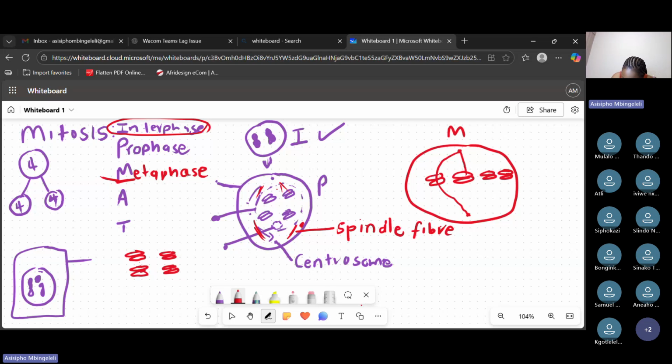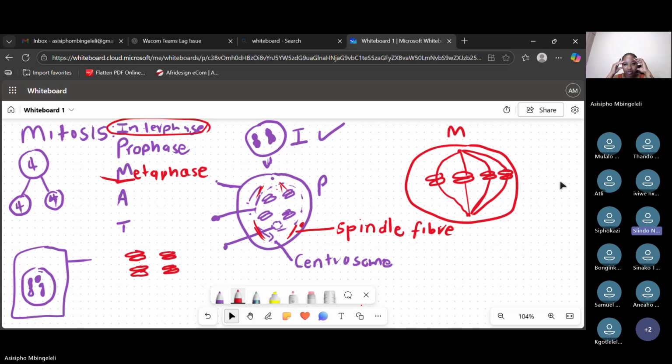So that's what you're going to have in mitosis. In metaphase, the chromosomes are in the middle of the equator, and we say they are there singly. Please make a note. They are there singly in the middle of the equator, not in pairs. If you say anything about a pair, you are going to get it wrong. Please note, we are still calling them chromosomes.